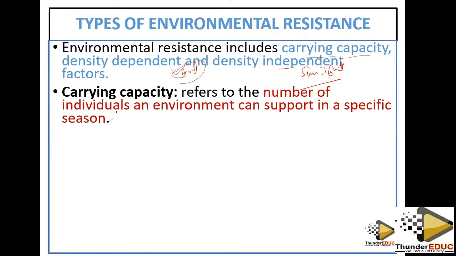Specific season means time. When you talk about support here, it means you support without having stress. The environment must not be stressed. The moment the environment starts to be stressed, it has exceeded the carrying capacity.